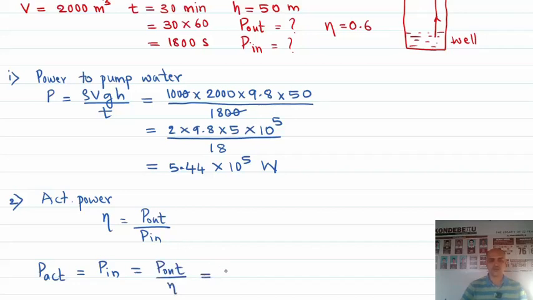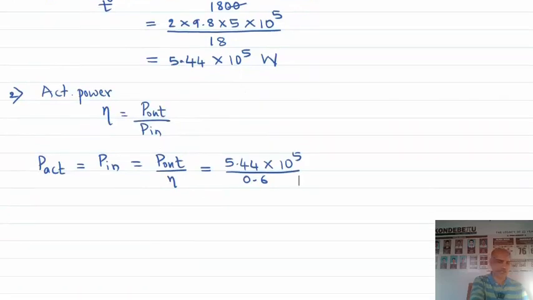Substitute. Output we have got as 5.44 into 10 raised to 5, and efficiency is 0.6. So if you divide, you will have the answer 9.07 into 10 raised to 5 watt, which is the actual power.